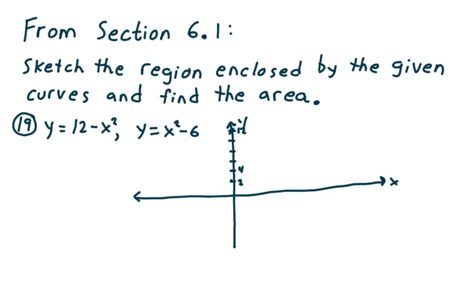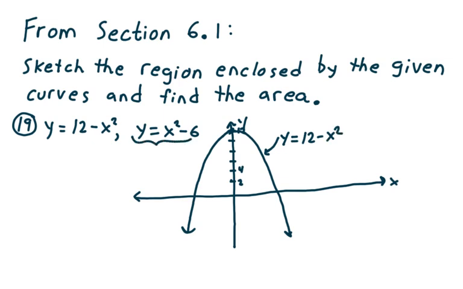And this is a parabola that's face down. And remember, we just need a rough sketch. So I'm going to come around here and sketch the graph of y equals 12 minus x squared, and label that accordingly. Now, if we look at this second equation, when x is 0, y is negative 6.